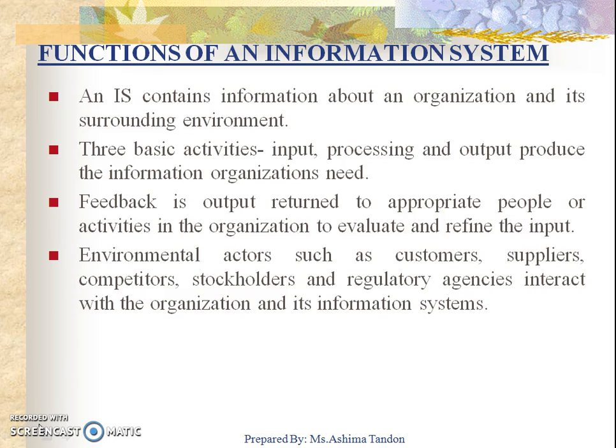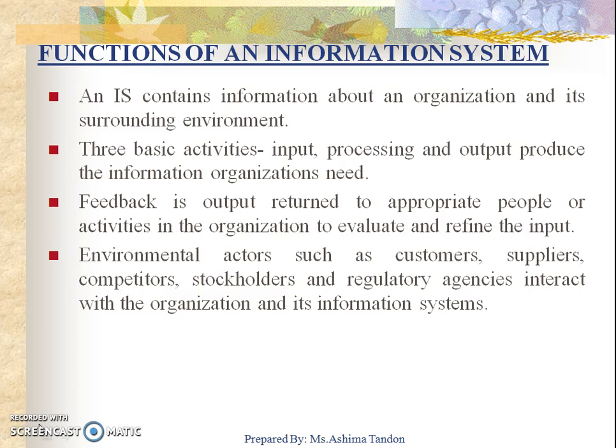So here, talking about an information system, it is basically a set of components which gather raw data, process that raw data, and convert it into useful output, which is basically meaningful information. And this information is used by the management or the different people in order to take certain decisions.